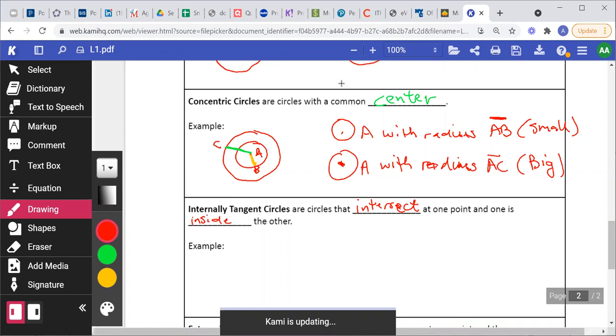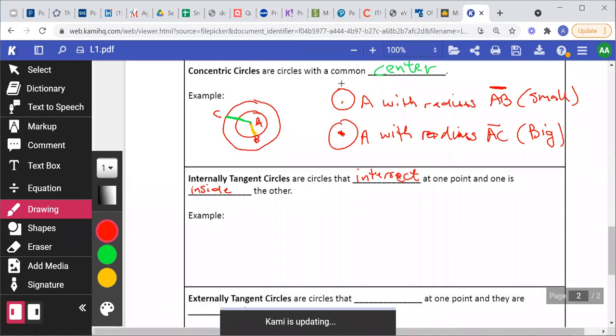So here, if we have this small circle here, with this one as the center, and then we decide to have another big circle around it, with a center here.